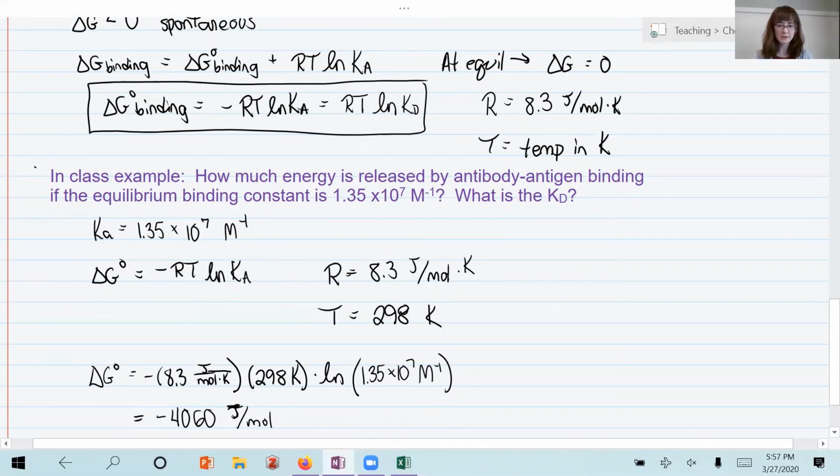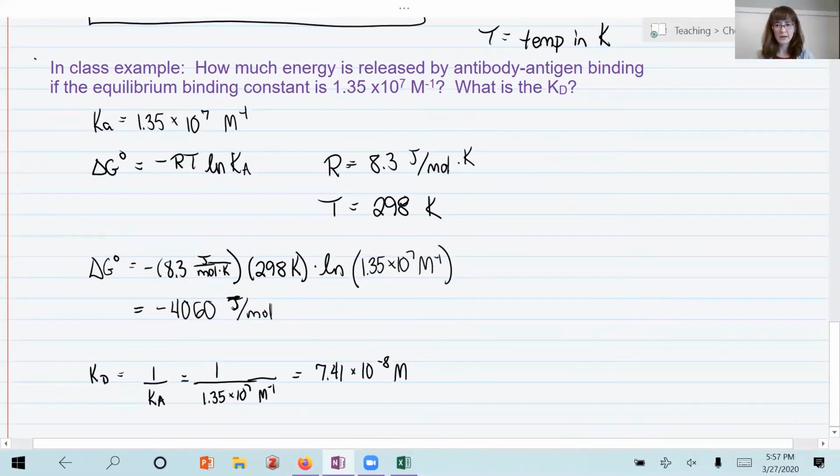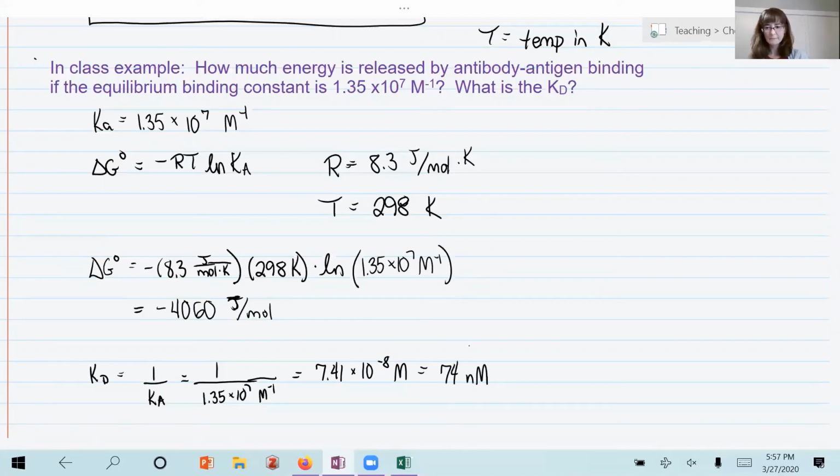And here it's just the reciprocal. So we're going to do Kd equals 1 over the Ka, and we end up with a dissociation constant. It says 7.4 times 10 to the minus 8 molar. Often we go ahead and we convert this to more convenient units such as nanomolar. So here it would be 74 nanomolar is our Kd, okay?